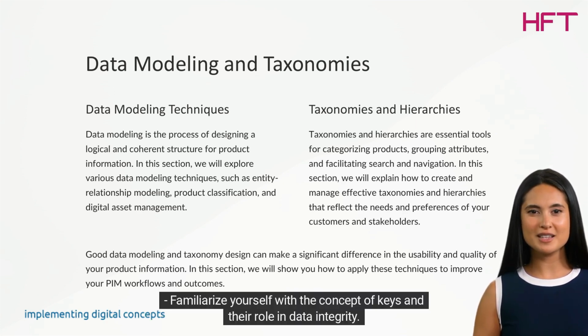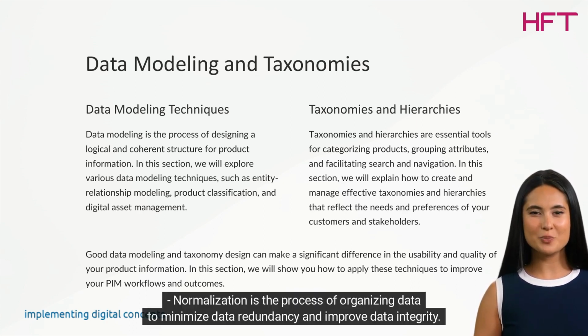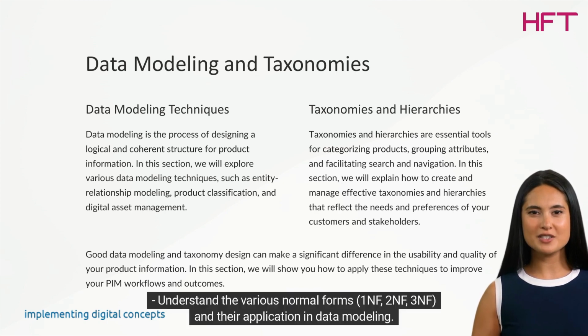Familiarize yourself with the concept of keys and their role in data integrity. Normalization. Normalization is the process of organizing data to minimize data redundancy and improve data integrity. Understand the various normal forms, 1NF, 2NF, 3NF, and their application in data modeling.